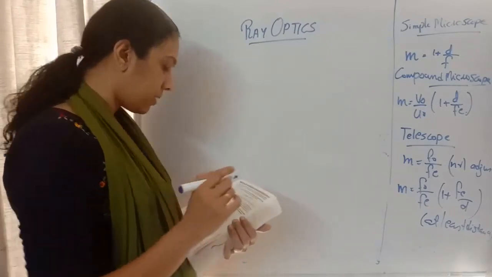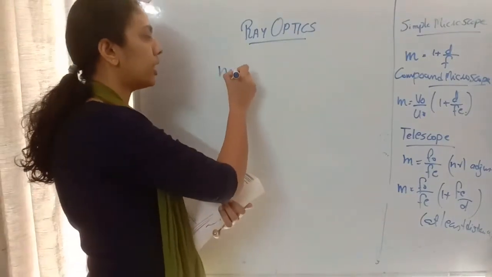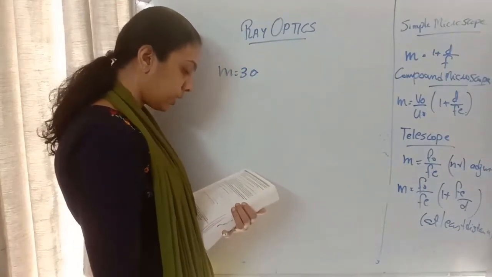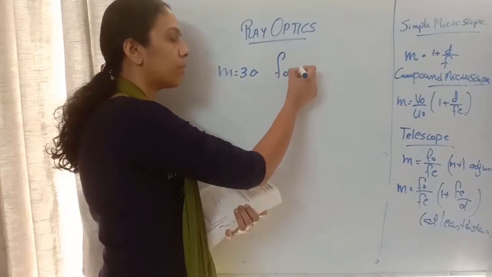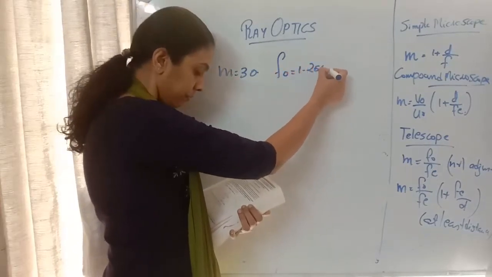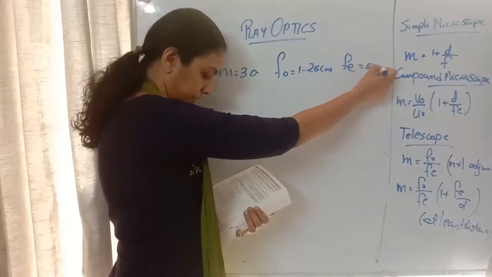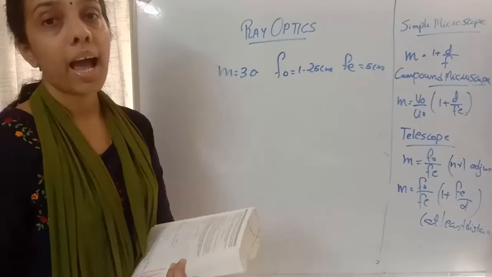Here the angular magnification is given as 30. So the total magnification is 30, using an objective of focal length FO 1.25 centimeter and FE 5 centimeter. Here we should find out the position of UO and VE.